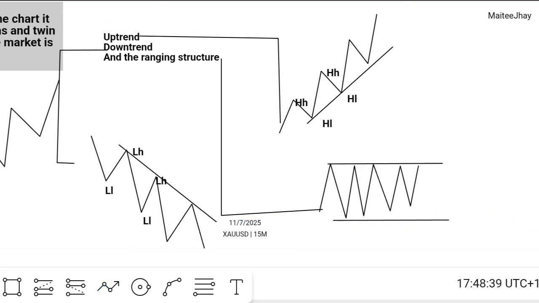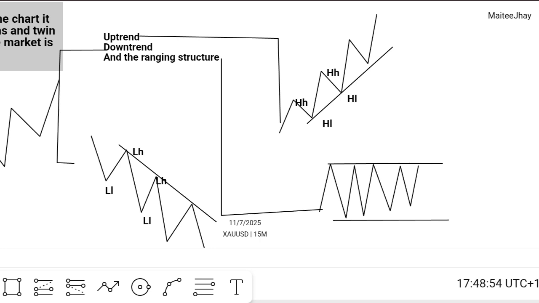So in understanding market structure, you need to know what a market structure shift is. Market structure shift happens when price breaks the recent low created, signaling a possible reversal.